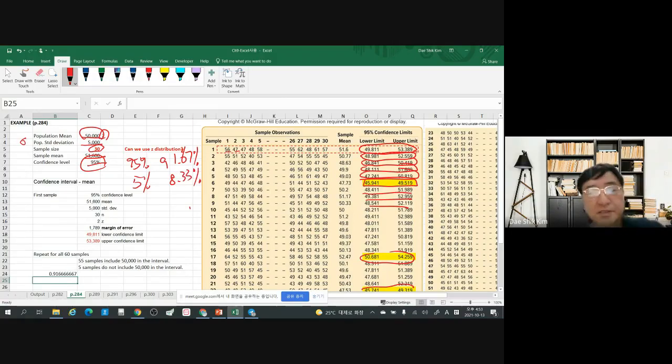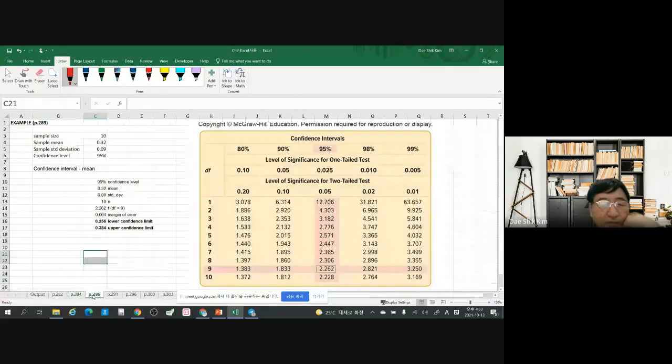Because we test only 60 times, if you test more and more, it will get close to that. 95% will give the correct interval. 5% will result in a wrong interval. It will be estimated. Okay? 289.